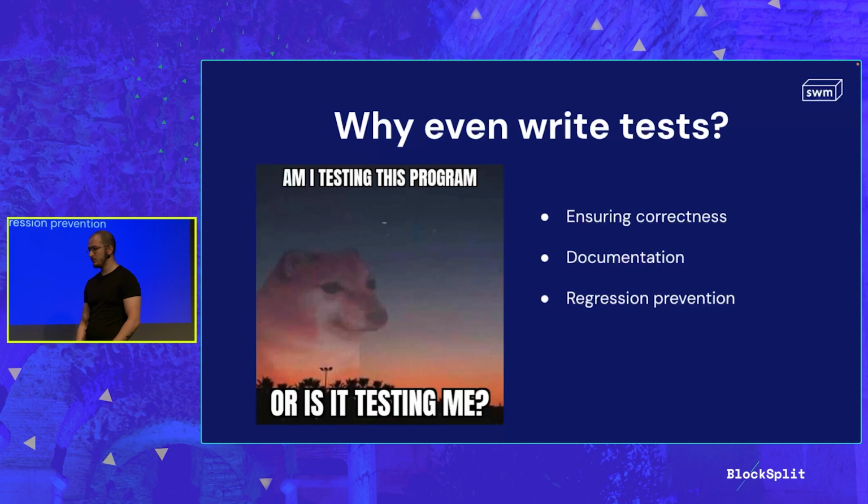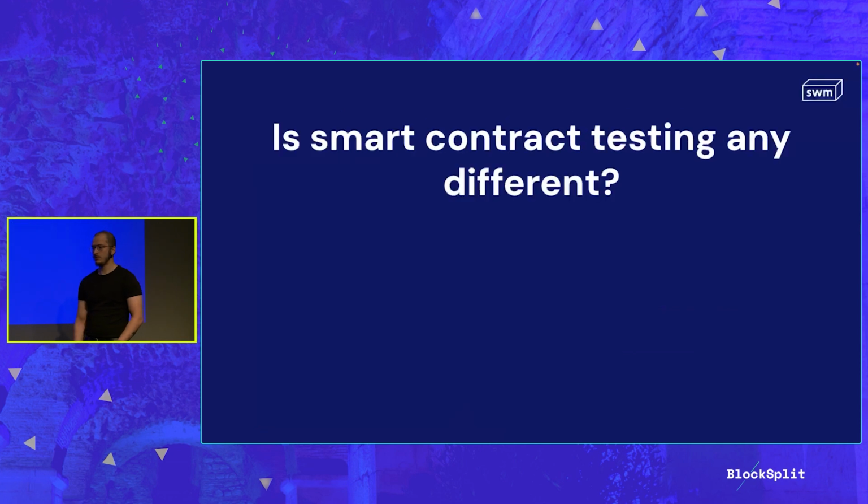For regression prevention, when you upgrade your smart contract, you want to make sure that everything that you wrote before isn't going to break. And there's the general feeling of security that you have more confidence to deploy on the mainnet when you have a well-tested program.